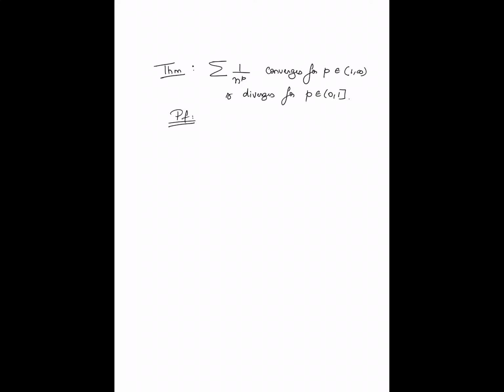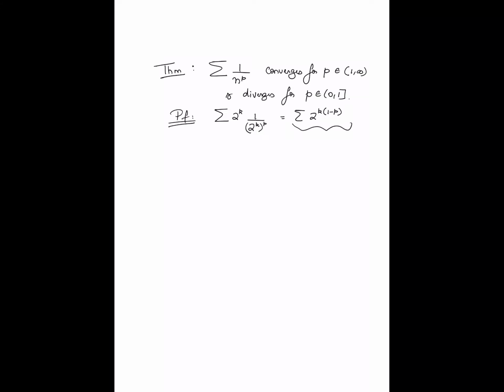So therefore the previous theorem applies, and so the convergence or divergence of these series is in fact tied to the convergence or divergence of this alternative series, where I'm looking at summation 2 raised to k times 1 by, well, n has to be replaced by 2 raised to k, so 2 raised to k times p raised to p, right, which is in fact summation 2 raised to k times 1 minus p, right?